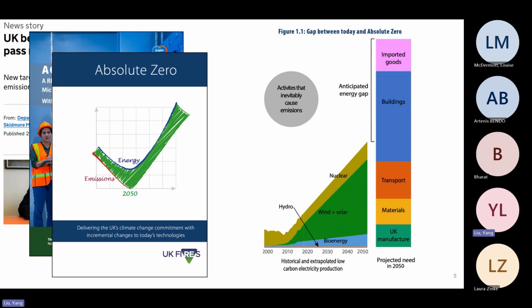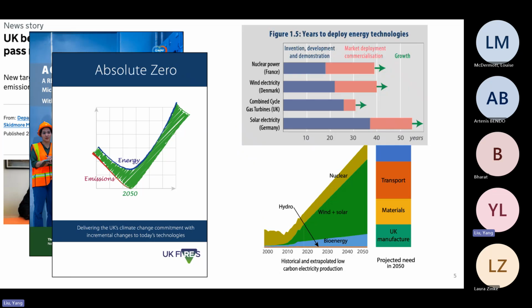And we need some energy innovation in the end. But energy innovation, when it is being constructed, needs years to deploy. The minimum time to actually realize a new energy technology takes about 20 years.